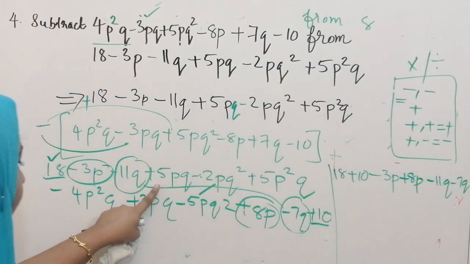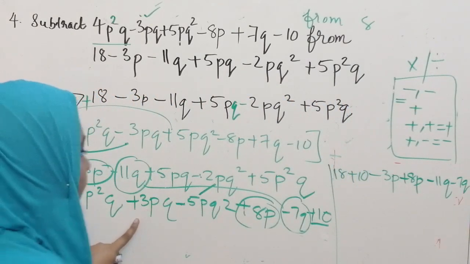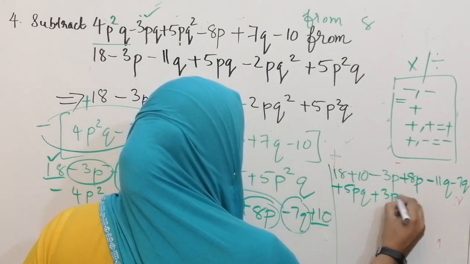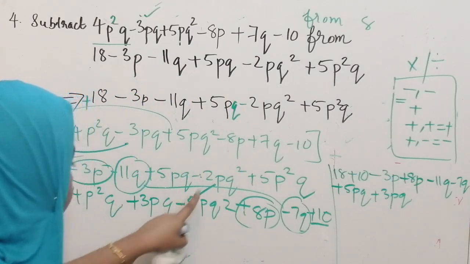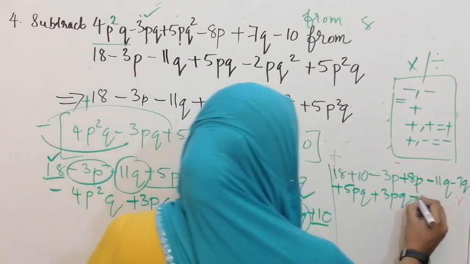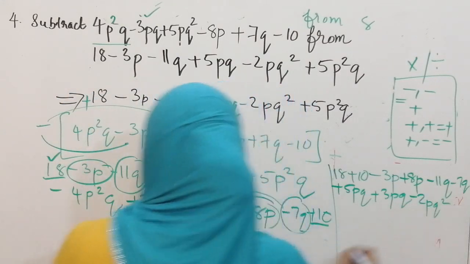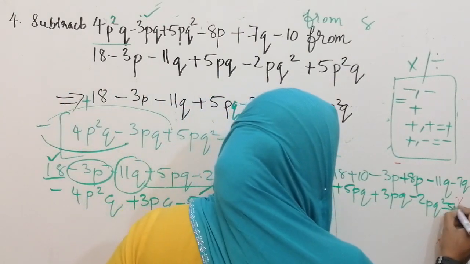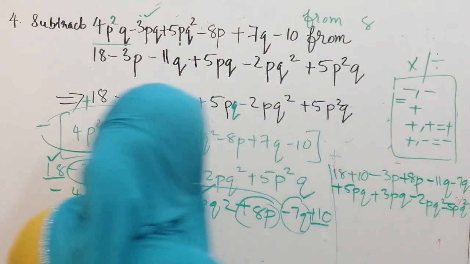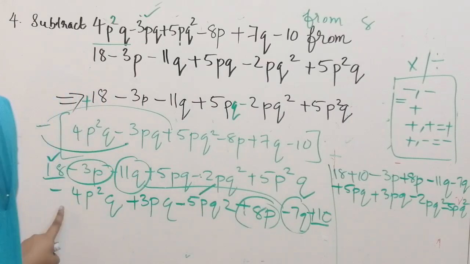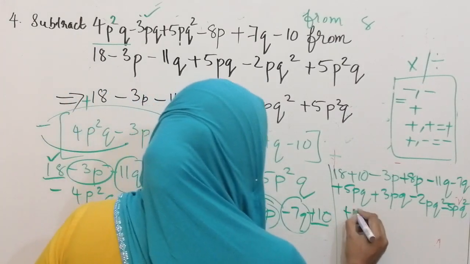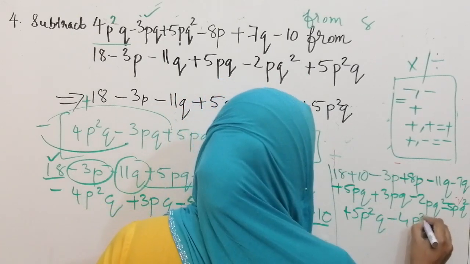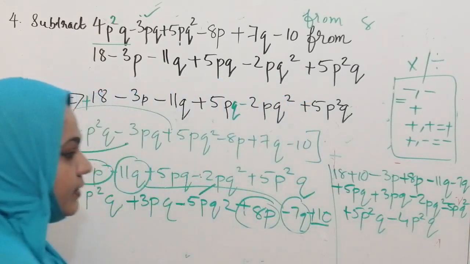Next one, plus 5pq plus 3pq. Next is minus 2pq square and minus 5pq square. So one more, plus 5p square q minus 4p square q. So now we can solve this question.